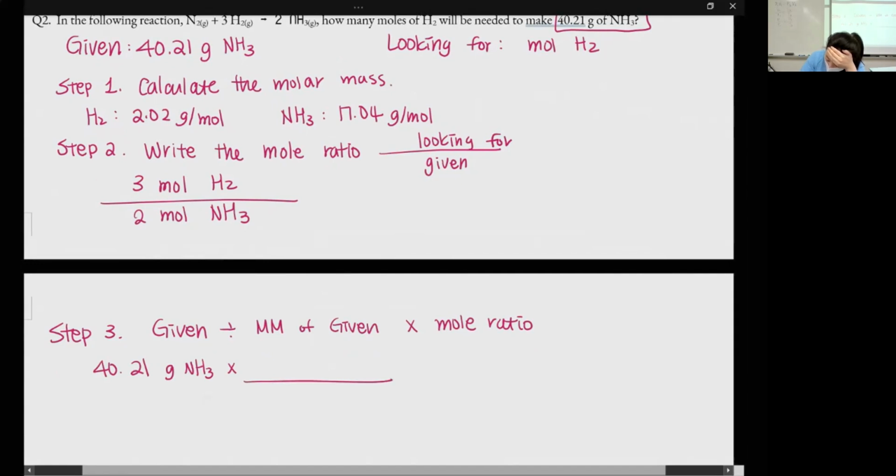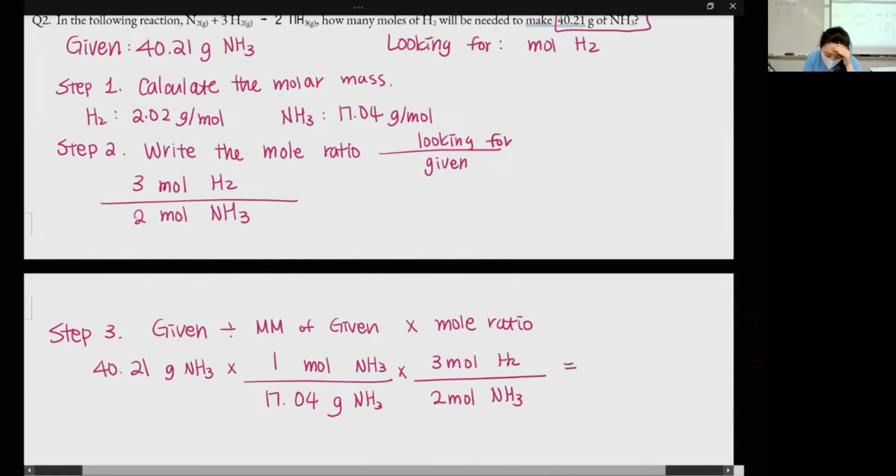So NH3 has 17.04 grams over 1 mole of NH3 times the mole ratio, which will be 3 mole of H2 over 2 mole of NH3. That will get you the answer. So 40.21 times 1 divided by 17.04 times 3 divided by 2 will be 3.54 mole of H2.